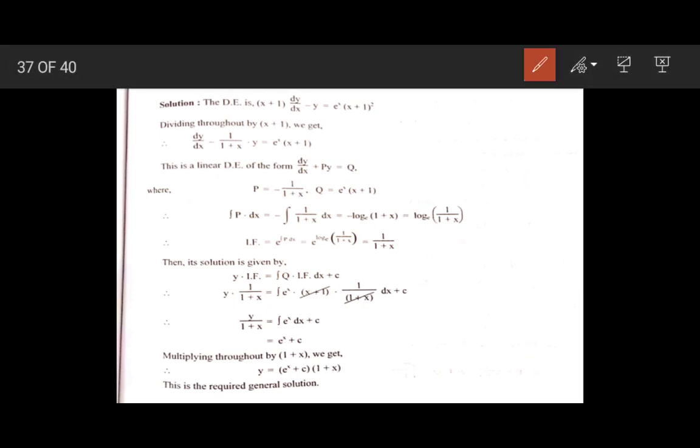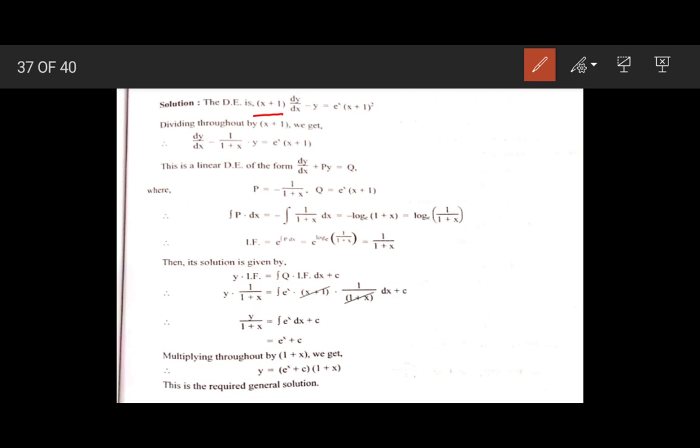Then next, solve (x plus 1) dy upon dx minus y is equal to e raised to x into (x plus 1) whole square. Now again we don't want this 1 plus x, so we divide throughout by 1 plus x.